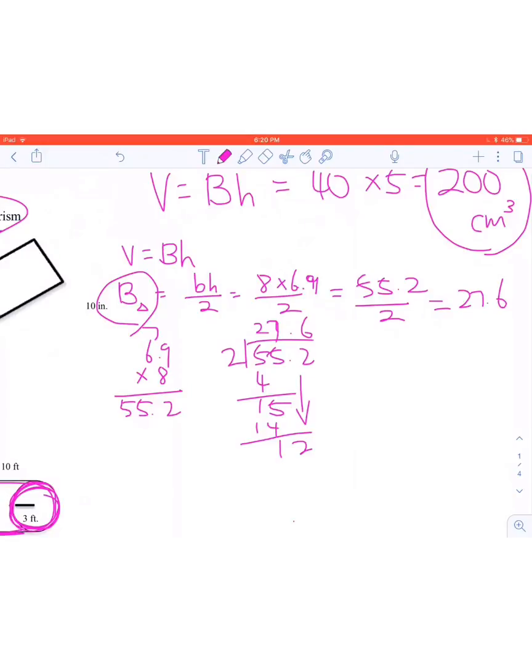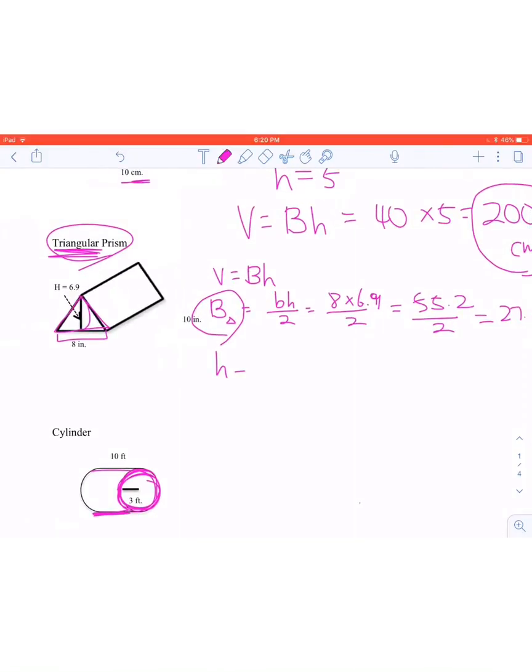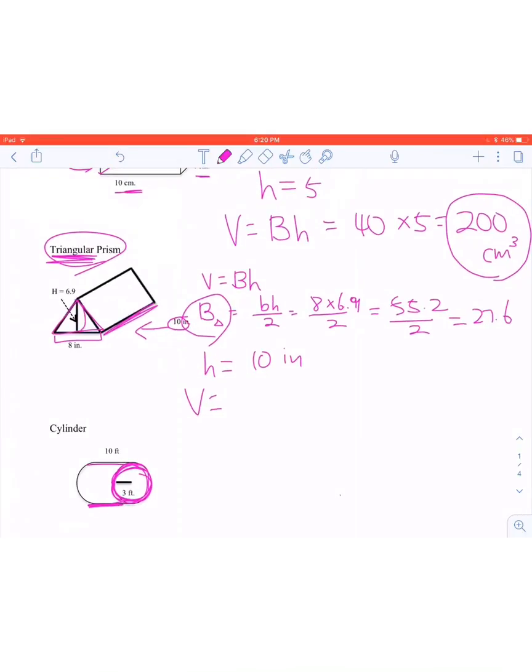Now, let me quickly get rid of the work here. The height of this then is what we didn't use. Here are 10 inches. So to find the volume, we multiply the area of the base by the height, which is 10.